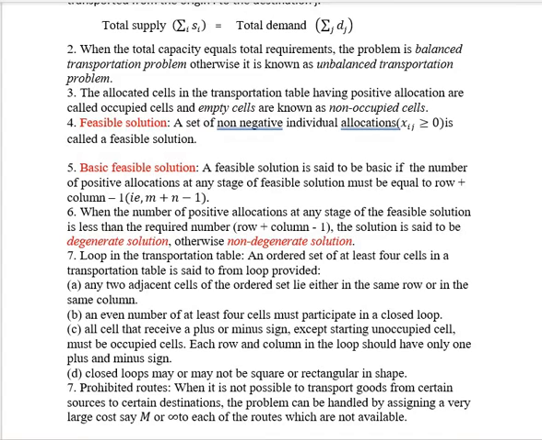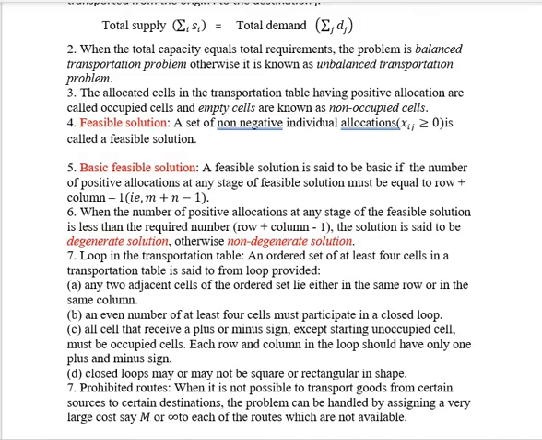When the number of positive allocations at any stage of the feasible solution is less than the required number, the solution is said to be a degenerate solution. Otherwise, it is known as a non-degenerate solution.